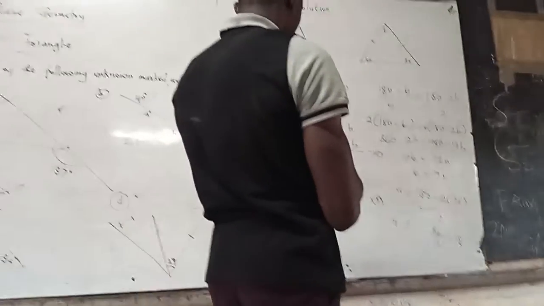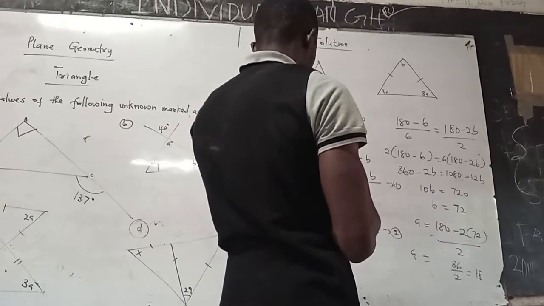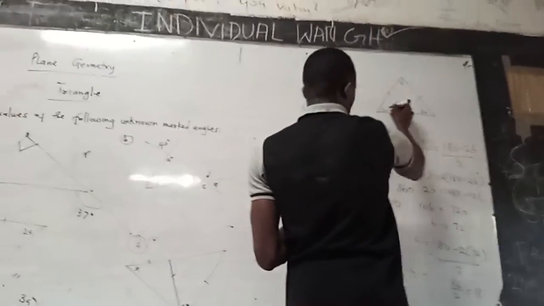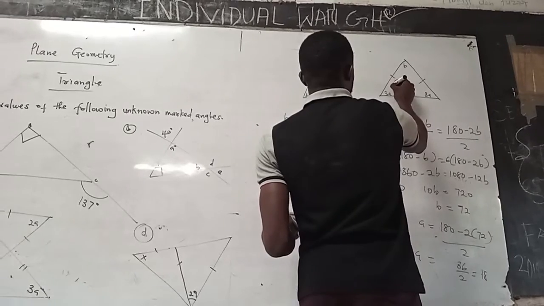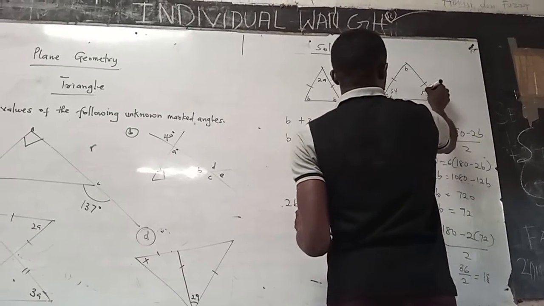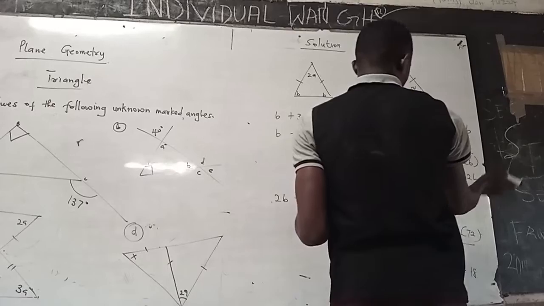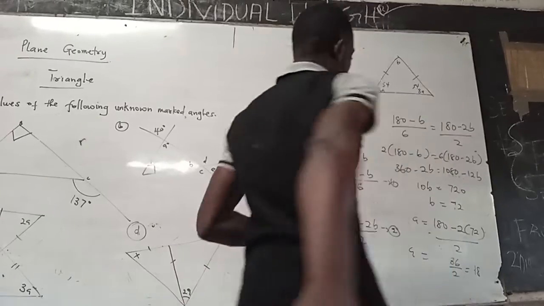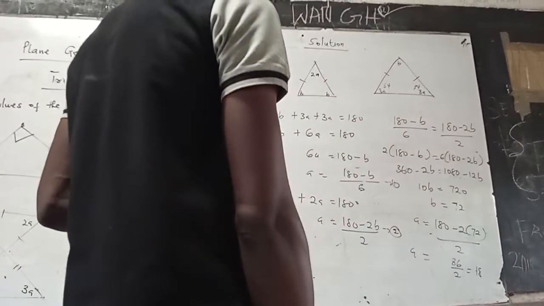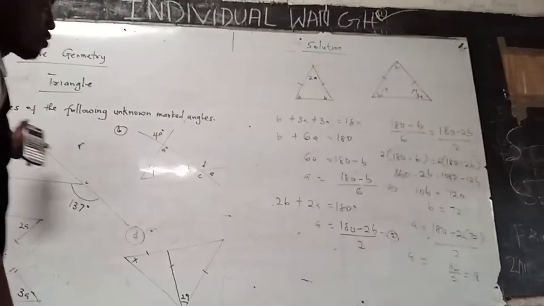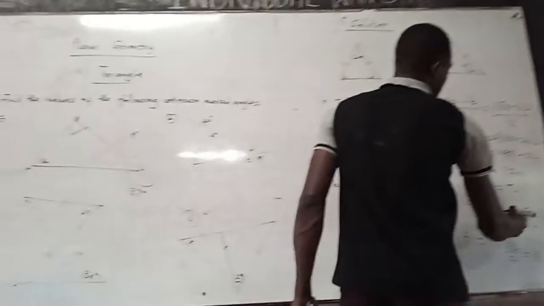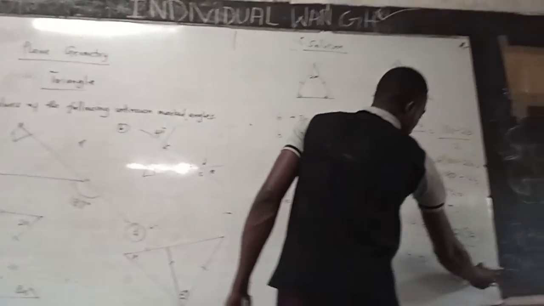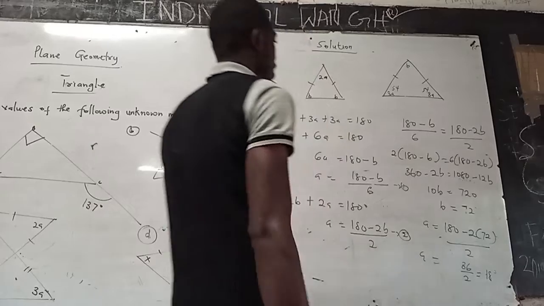So if you multiply A by 3, so now 18 by 3 means that here is going to be 54, and we have the B to be what? B to be 72. So these are the values. The values that they want are the A and the B. So the A is 18 and the B is that.